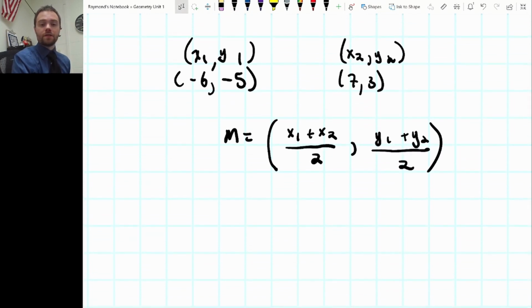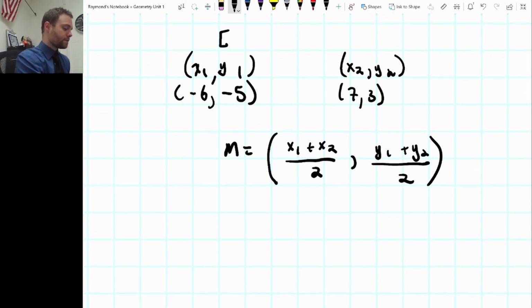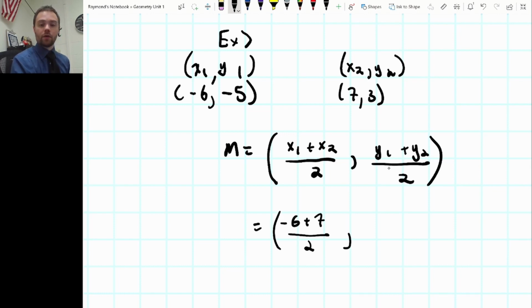So in this example, x1 is negative 6, so I've got negative 6 plus x2, which is 7, all over 2. And for the y-coordinate, I've got negative 5 plus 3 divided by 2.